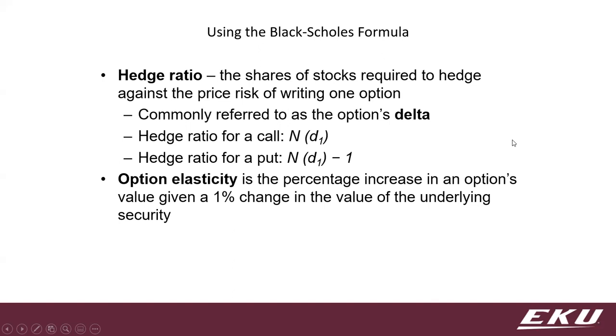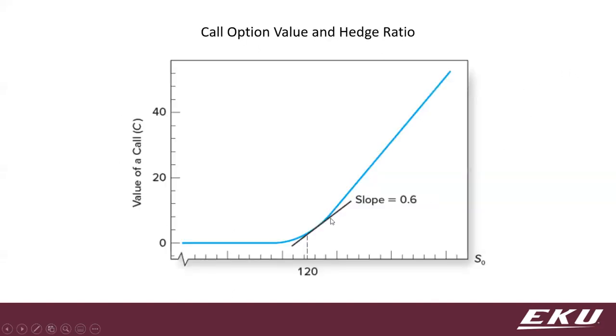Okay. So the hedge ratio is the shares required to hedge for the price risk of an option. Basically, what we're trying to do, again, is build a hedge around my investment. That's what this is for, and so this tells us how well this does that. And we'll look at what that price looks like.